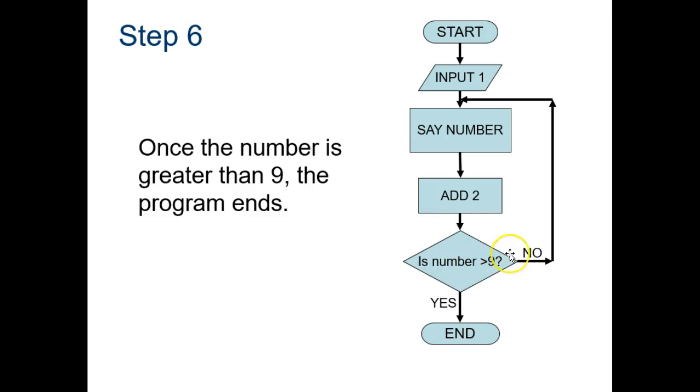If it's not greater than 9, it's going to loop back up here to the process and say the number 3, and then add 2 to that and check again, is 5 greater than 9? If it's not, then it's going to loop around until it reaches the number 9, and then after 9 it's going to say, is this greater than 9? Then if that's true, it's going to end the program. This is a simple example of just a counting segment.